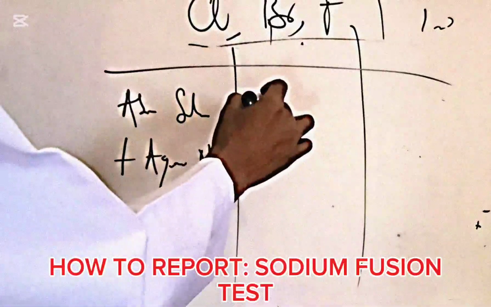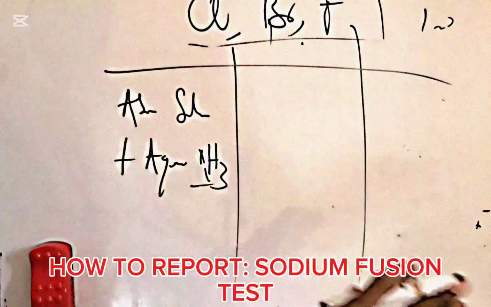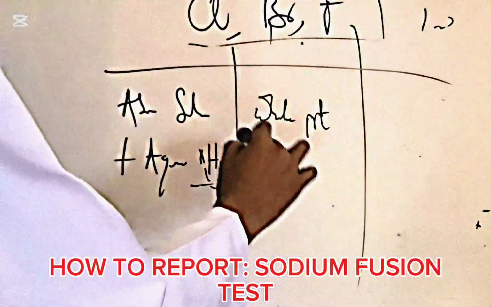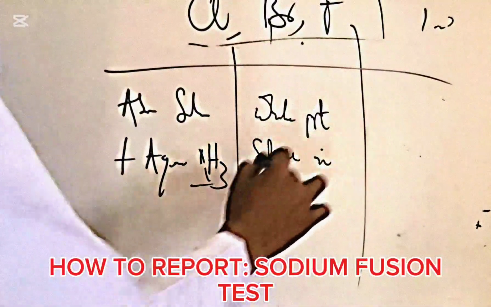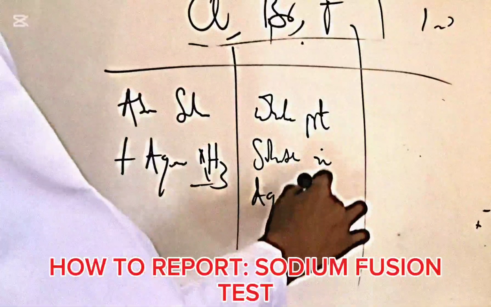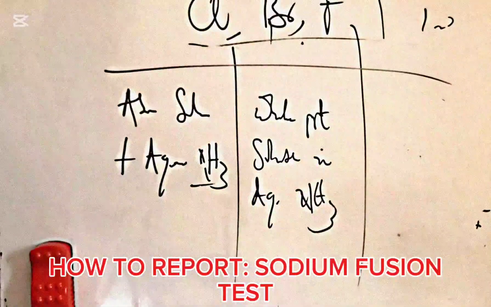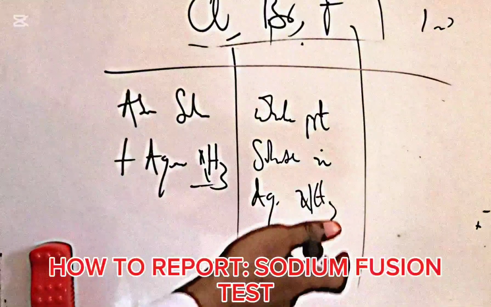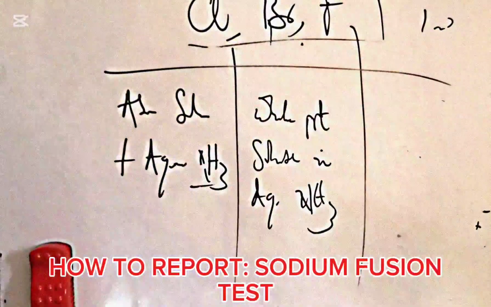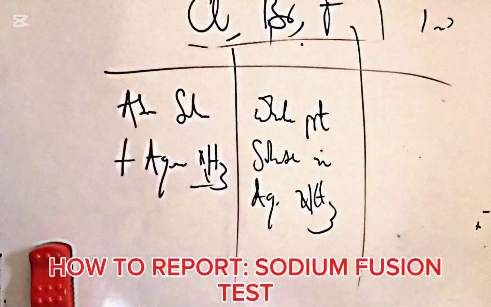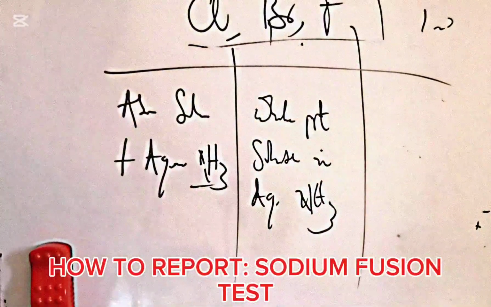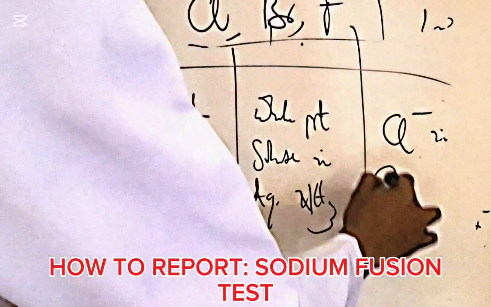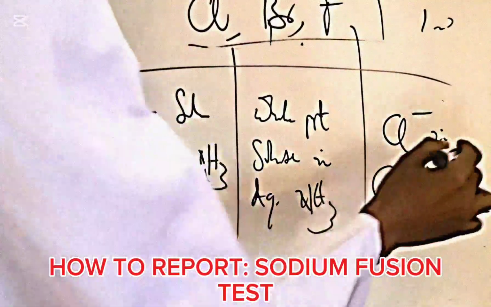So since you're sure that it's a chloride ion, you could just write white precipitate soluble in aqueous ammonia. You see? And that is all. So which ion forms a white precipitate and that ion is soluble in aqueous ammonia? You go through your manual. Okay, fine, that is probably chloride. Then you write chloride ion confirmed. And it is a confirmatory test.